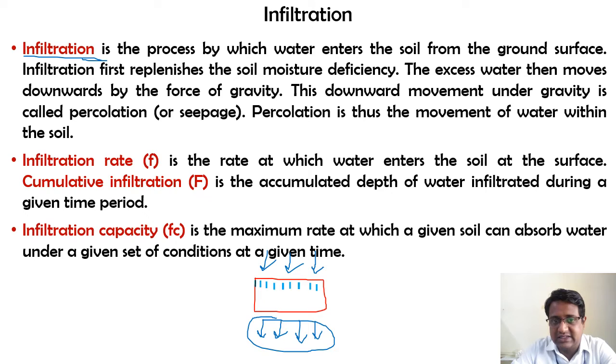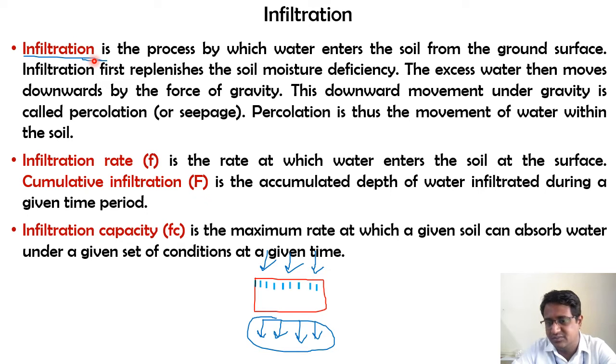Next, this downward movement under gravity is called percolation or seepage. Percolation is thus the movement of water within the soil. So within the soil, if the water movement is going on, then you call that percolation. So this entire process itself you are going to call the infiltration process.